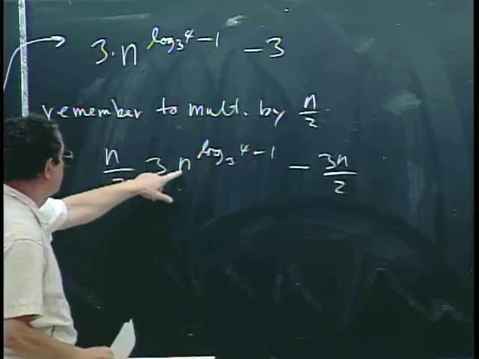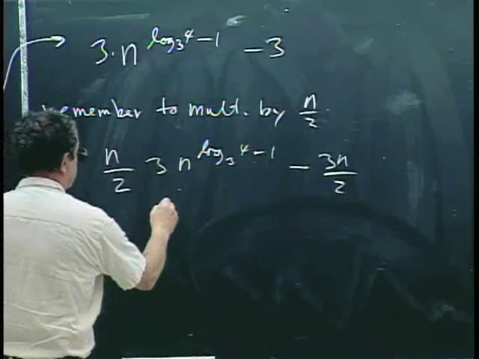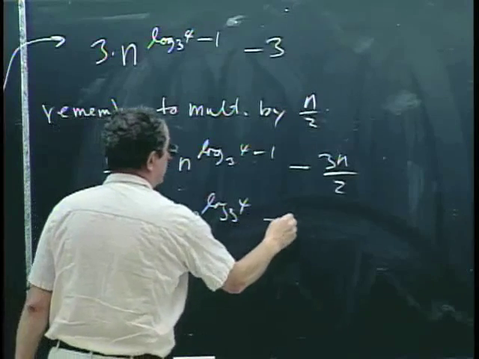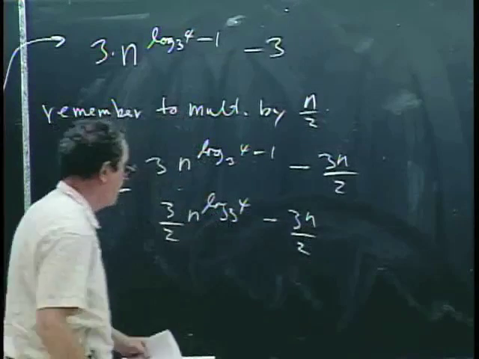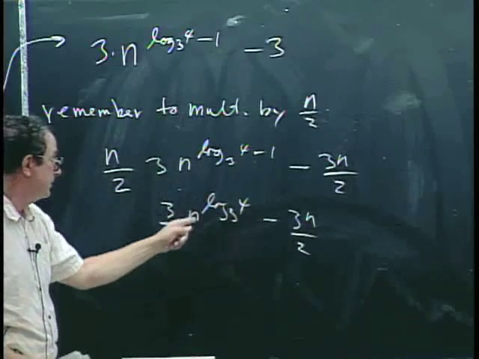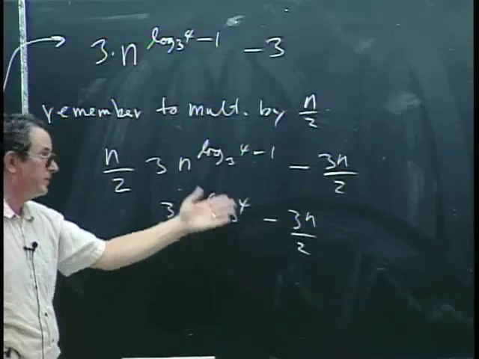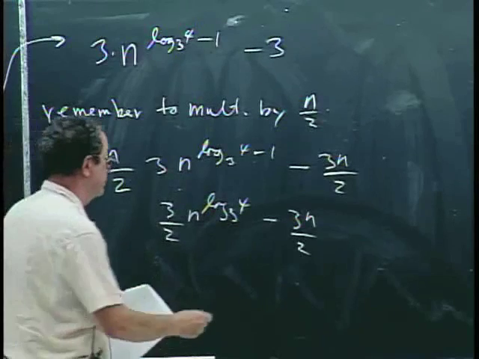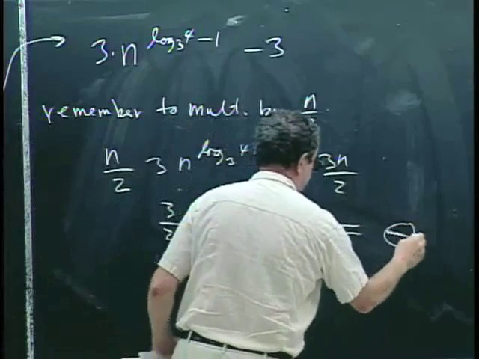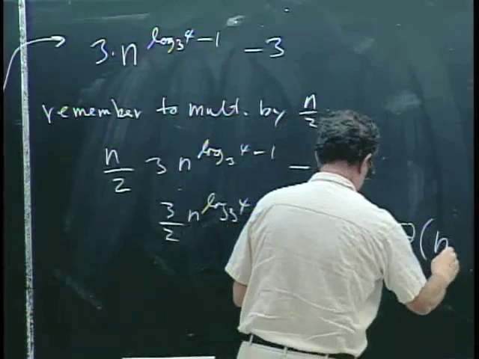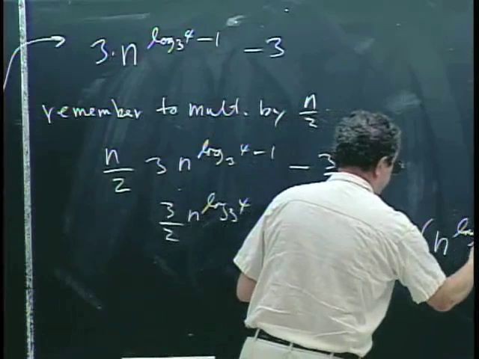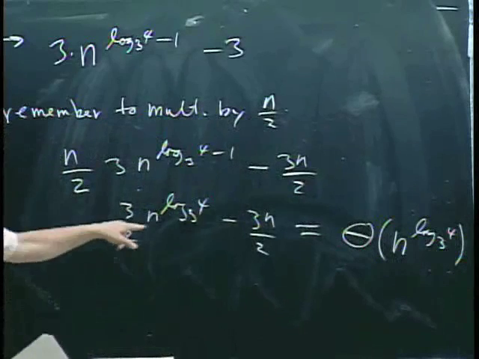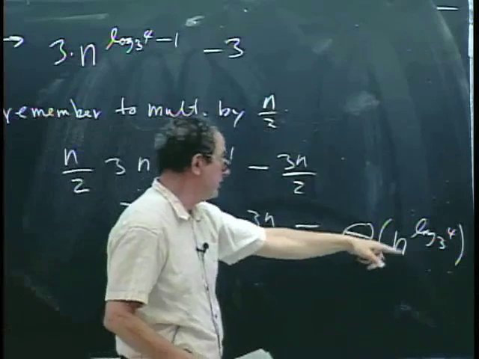Here we've got an n and a minus 1, so that's 3 halves n to log base 3 of 4 minus 3n over 2. Okay, again, this is just a number, log base 3 of 4. And so finally you can just see that this thing is theta of n to the log base 3 of 4. Okay. This function is theta of n to the log base 3 of 4.